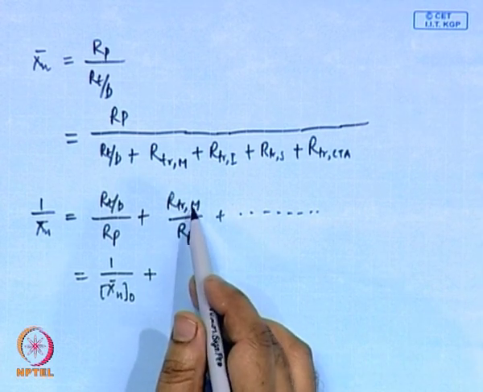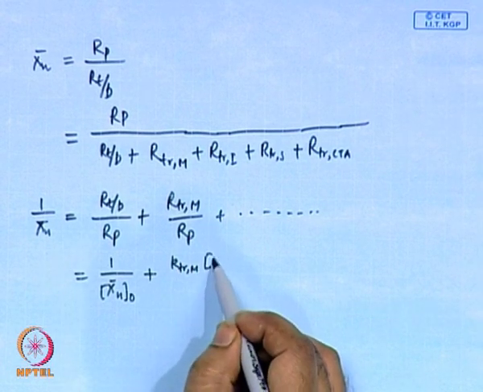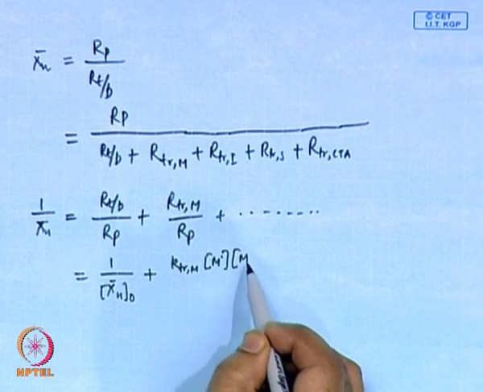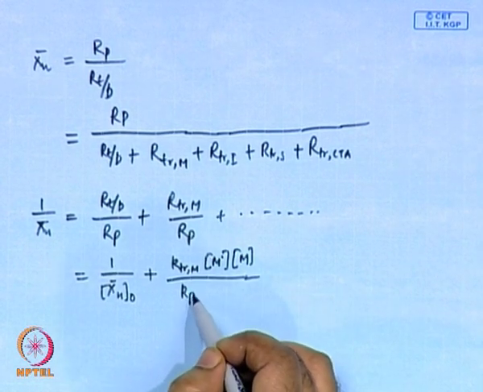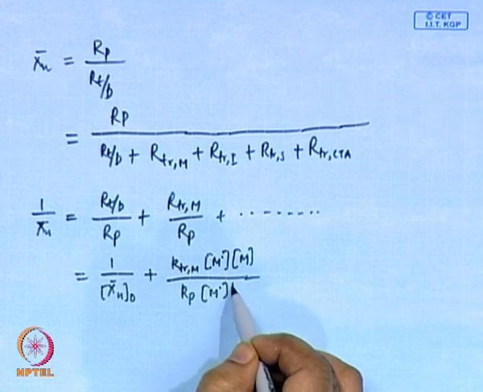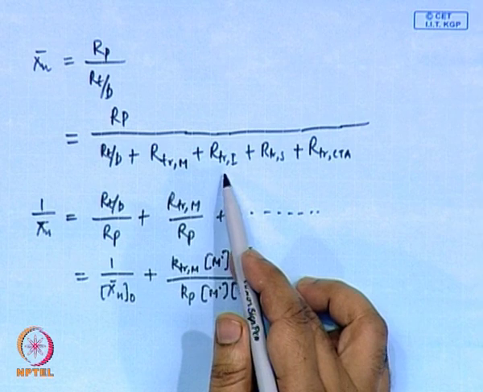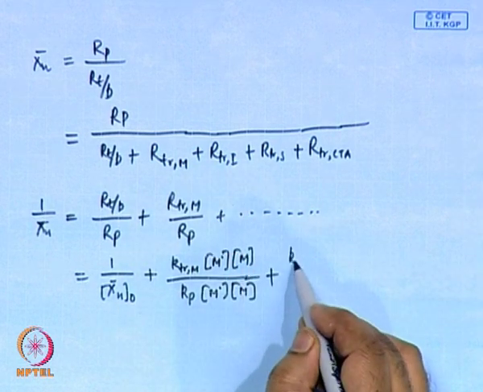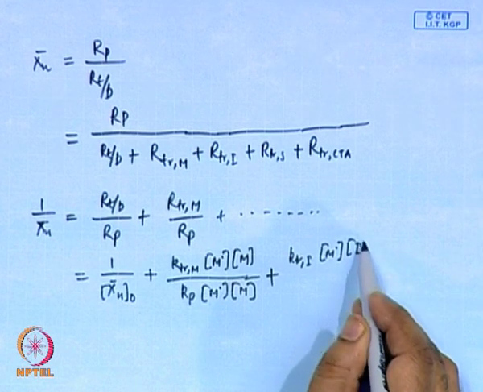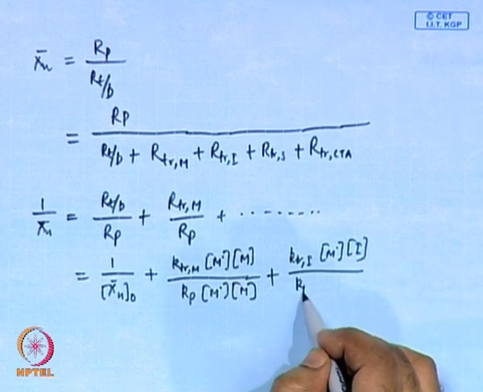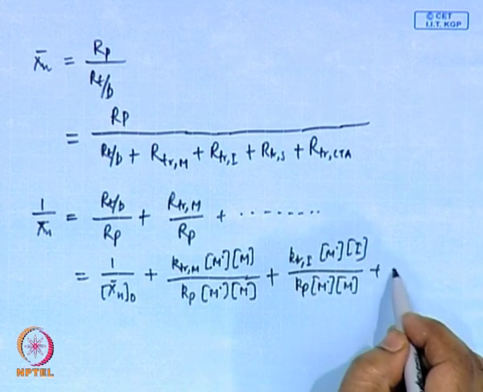So, K transfer monomer m dot m by Kp m dot m, plus for the initiator, K transfer initiator m dot I by Kp m dot m, plus others.